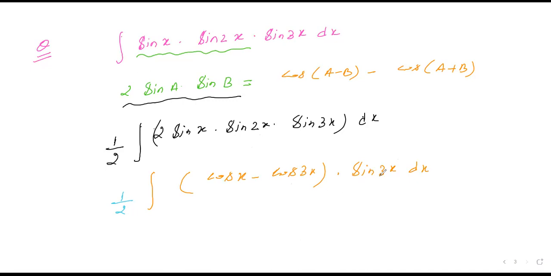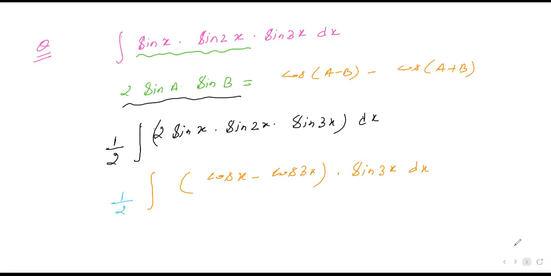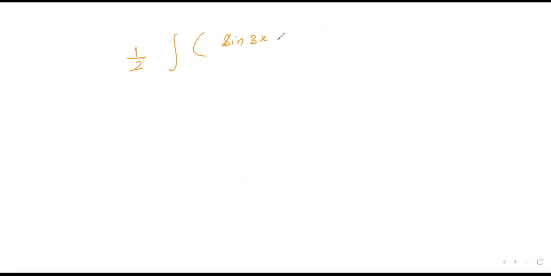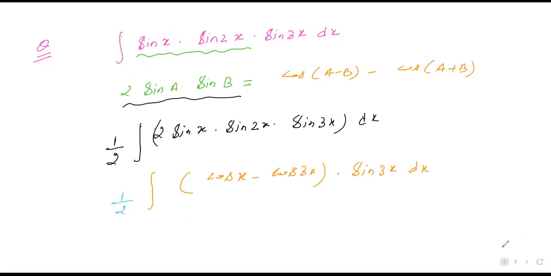Now please multiply by sine 3x in each term here. So now you can write 1 divided by 2 integral of sine 3x into cos x minus sine 3x into cos 3x.